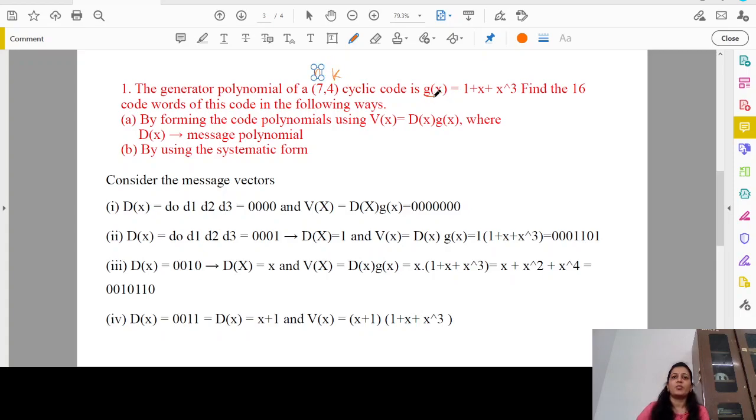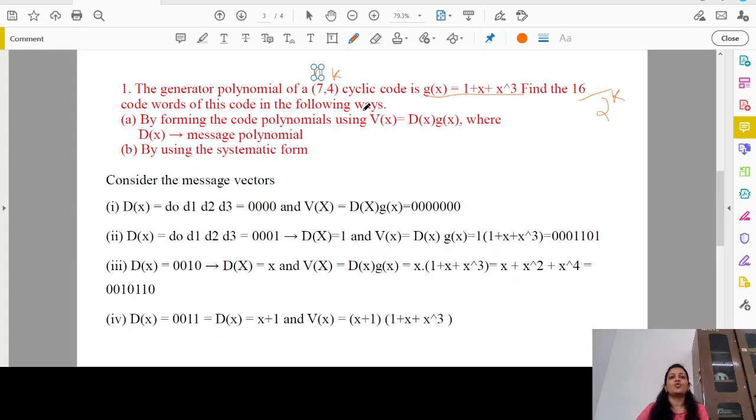G of x, the generator polynomial, is given. Till now we studied about the generator matrix. Now we are considering the generator polynomial. Find the 16 code words. Why are they using the words 16 code words? Because our k value is equal to 4. Since the k value is equal to 4, the total possible code words will be 2 power k, that is 2 power 4, which is equal to 16.